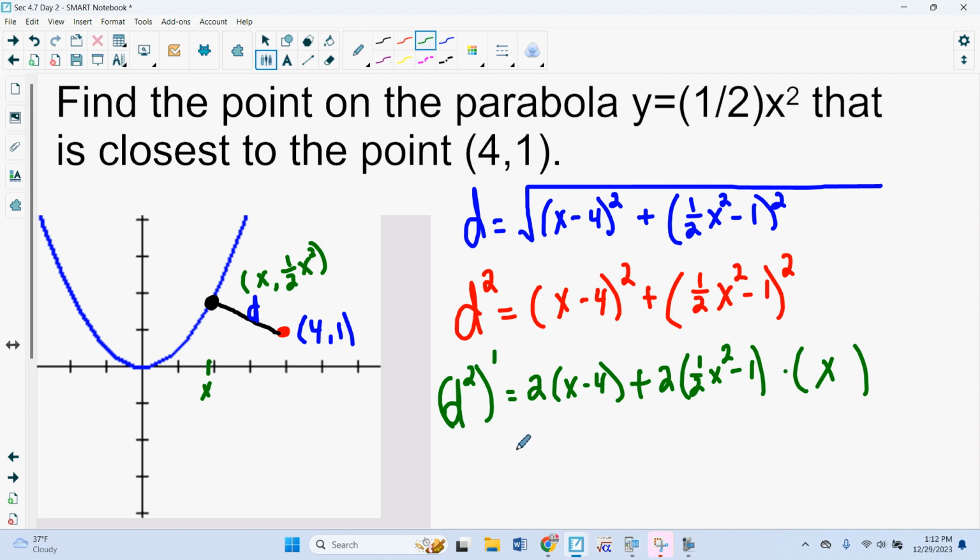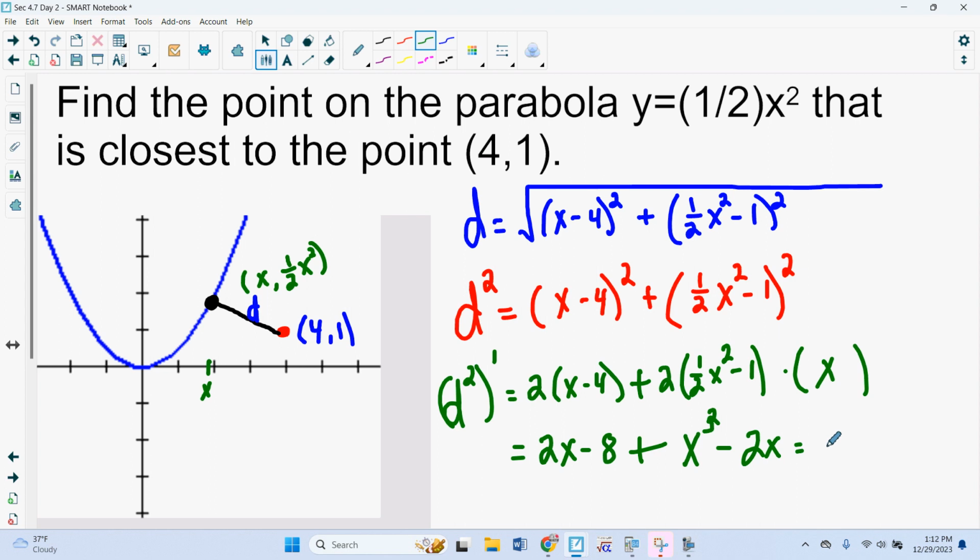So if I simplify this, this is 2x minus 8 plus 2 times the half cancels. This is x squared minus 2 times x. So really this becomes x, this becomes cubed.